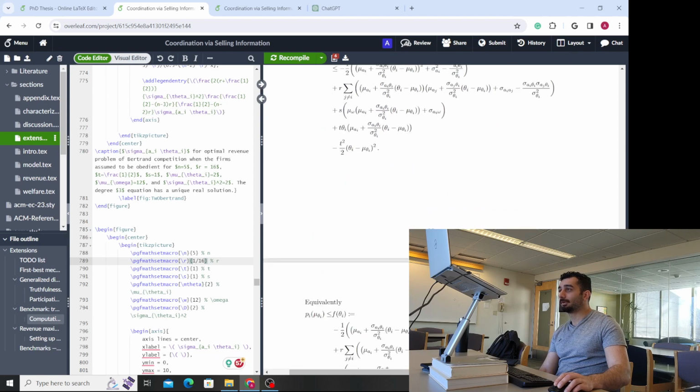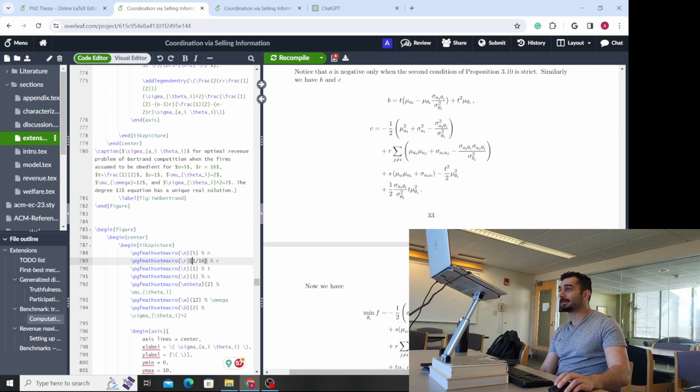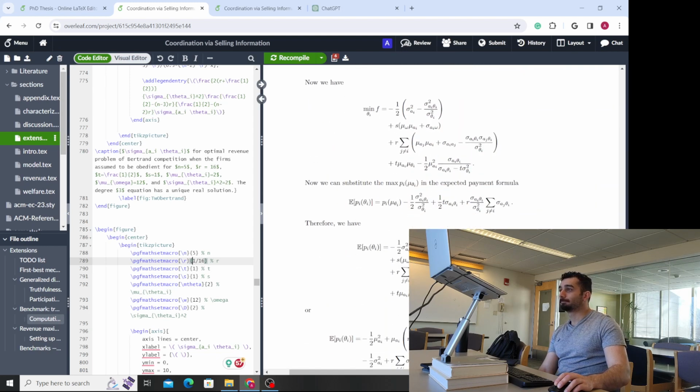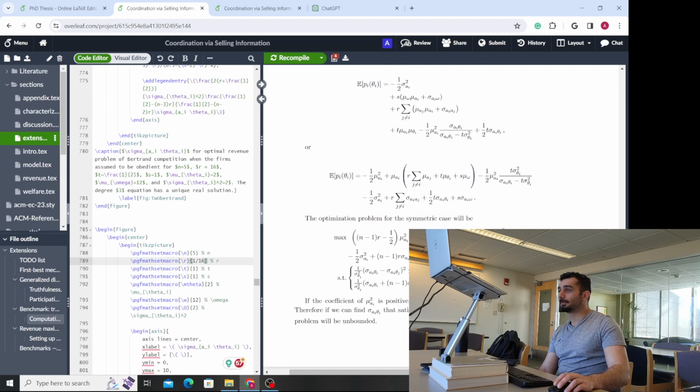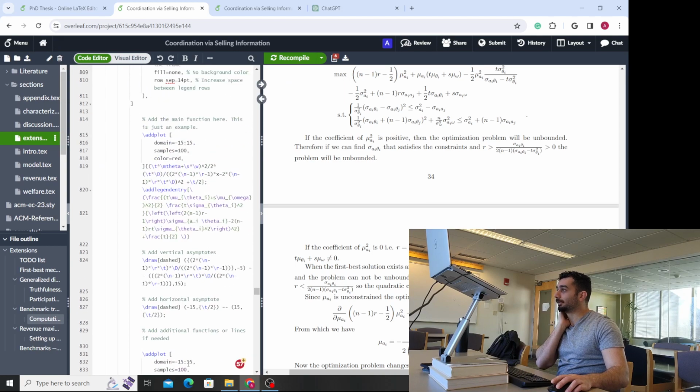I should get rid of all of these big equations here. It will be our next step. Where is it? Yep. And the first solution minus R, let's put it -1/4. Let's see how it goes. It cannot be Cournot anymore.